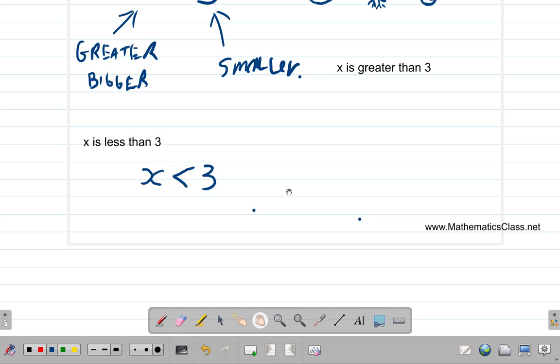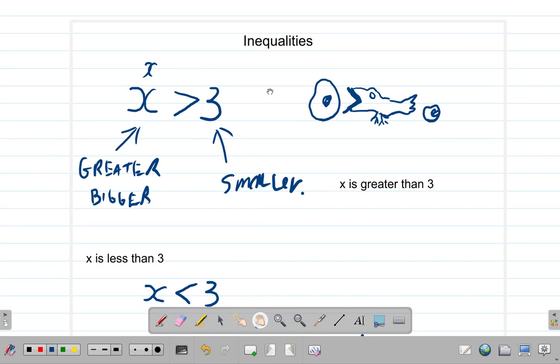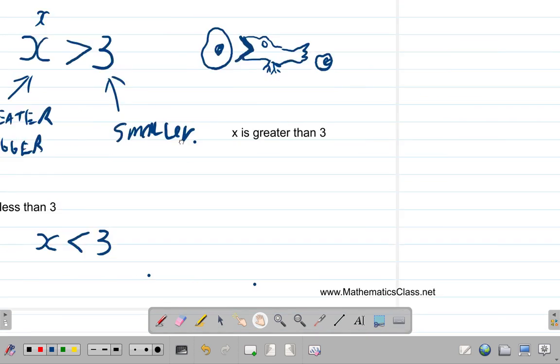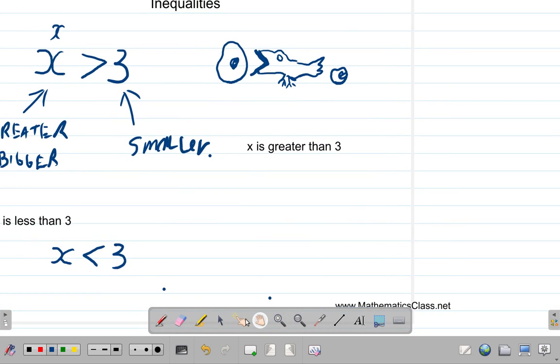Now back up to this. It says x is greater than 3. But it is also saying that 3 is less than x. Right?